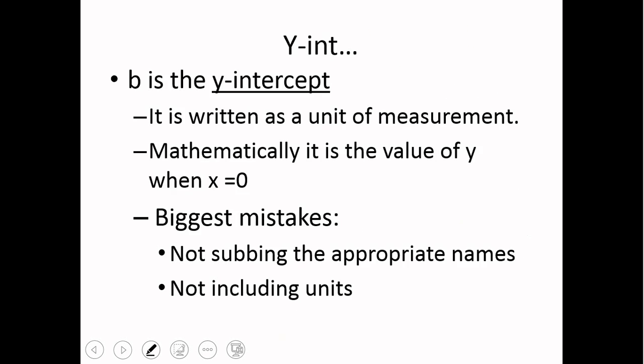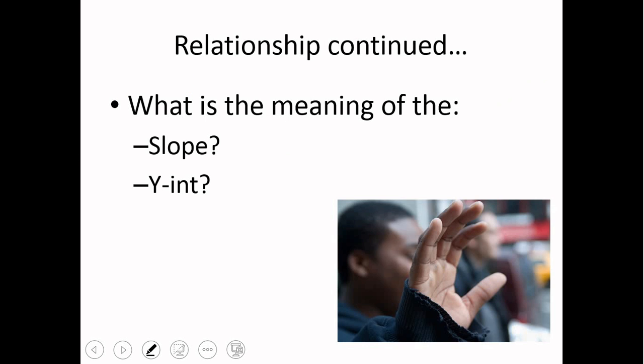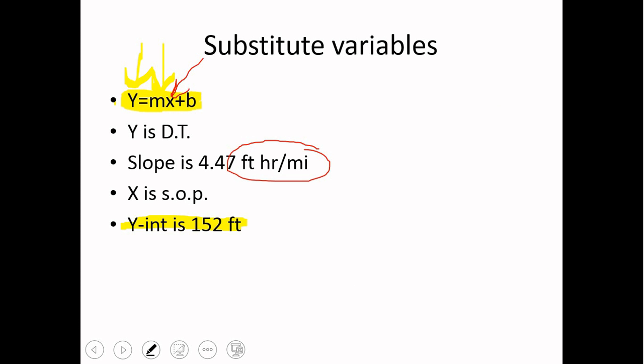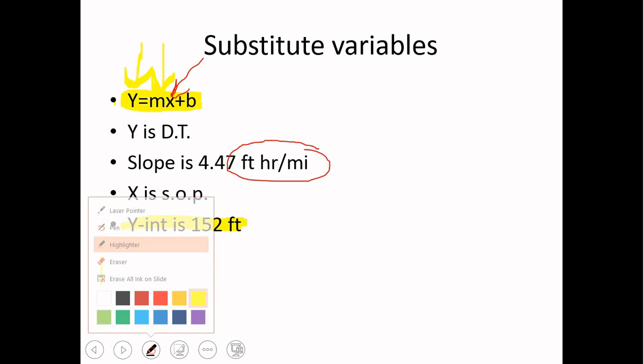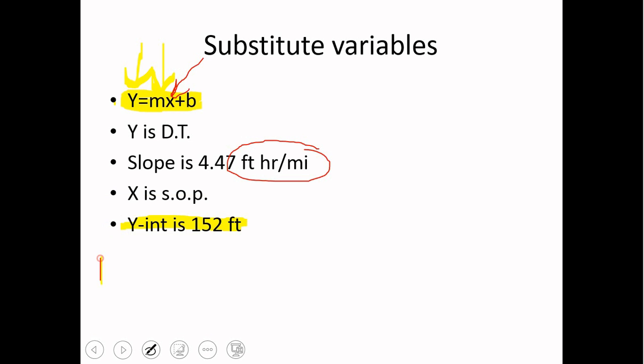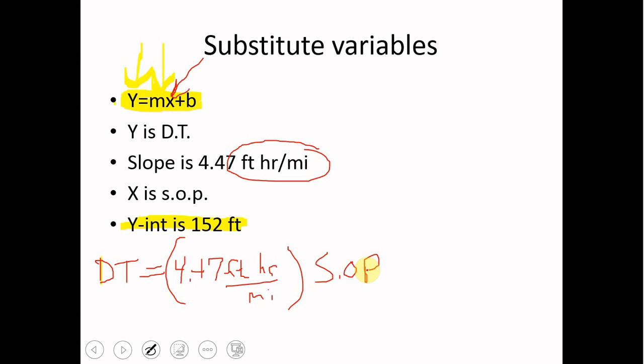Okay, so when I put it all together, I get an equation. Let me change my pen color here. Distance traveled is equal to my slope, 4.47 feet hours per miles, multiplied by my x, SOP, notice no units, and then plus my 152 feet.